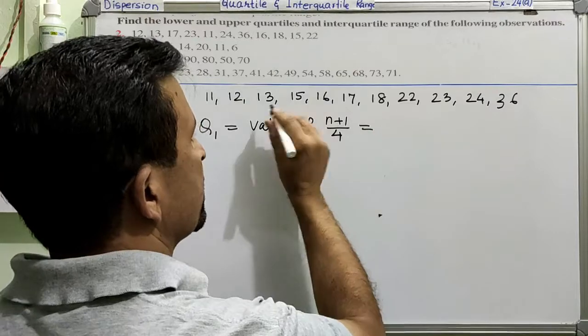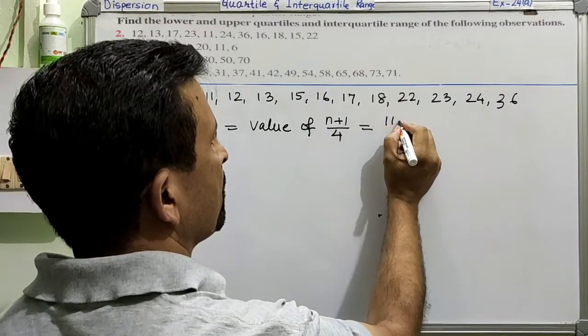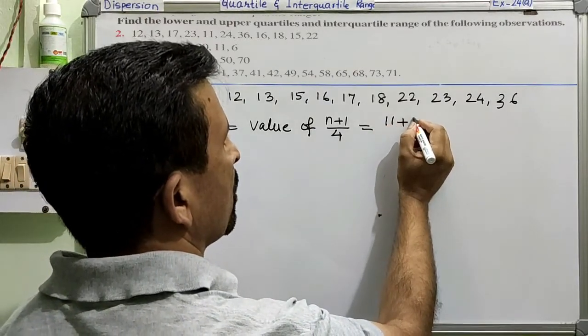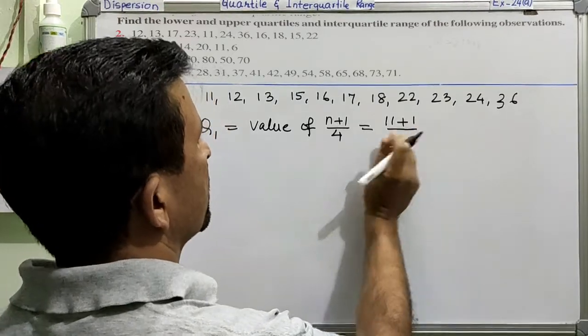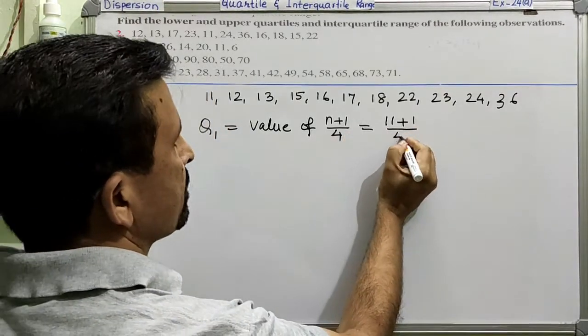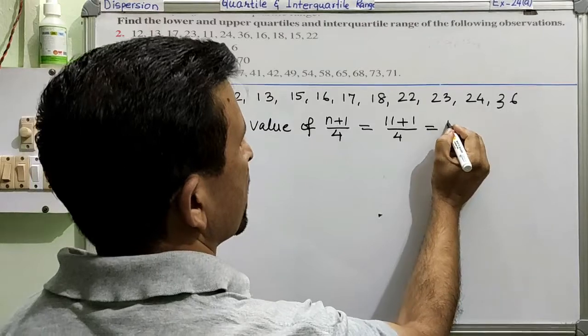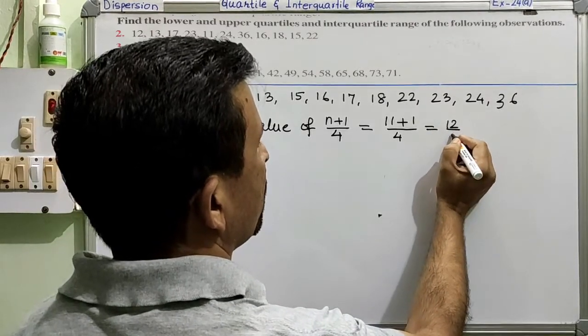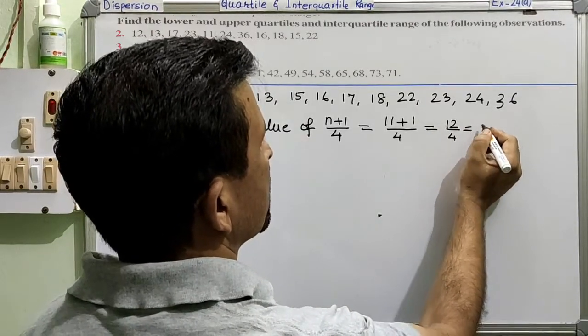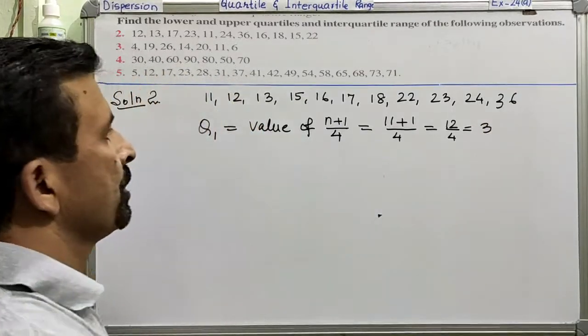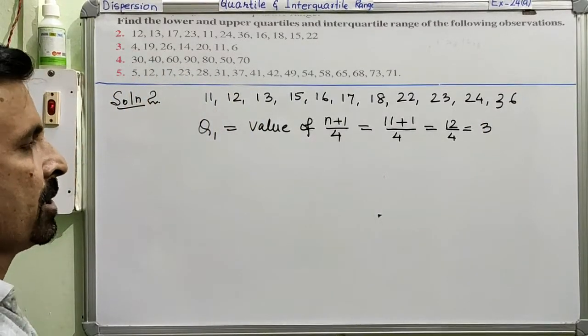So total is 11 plus 1 divided by 4. This is 12 divided by 4, which is equal to 3. Am I very clear?